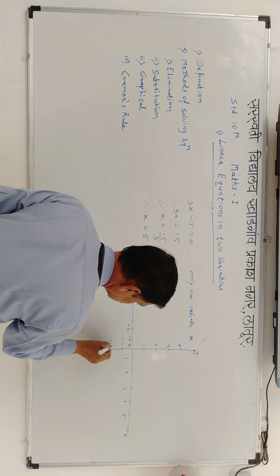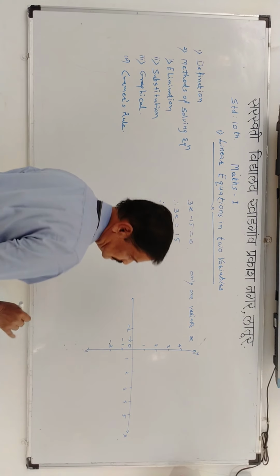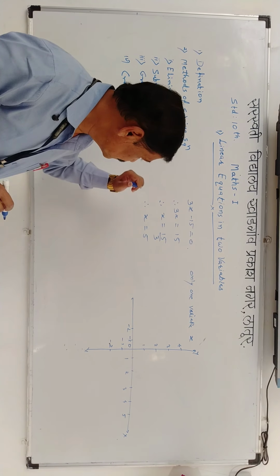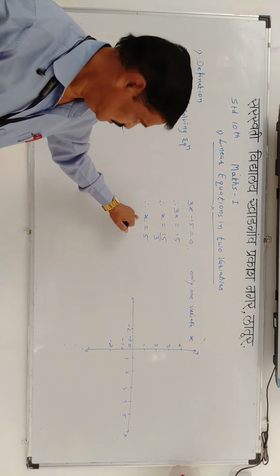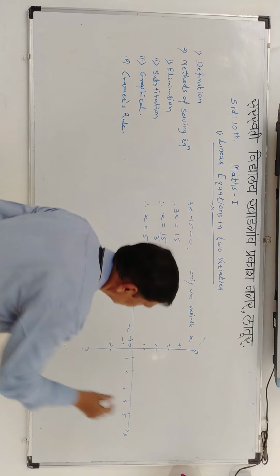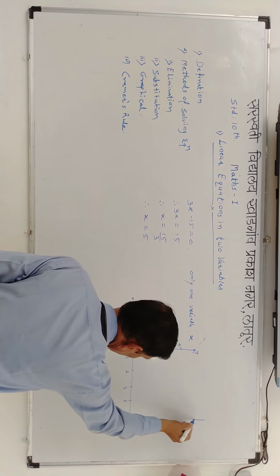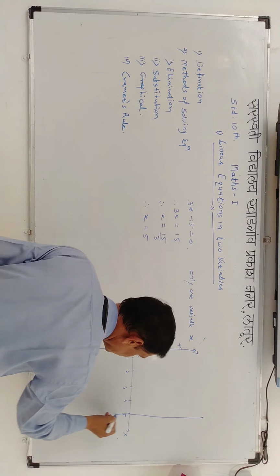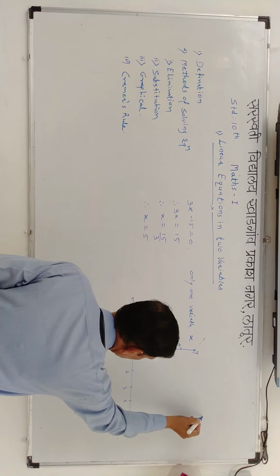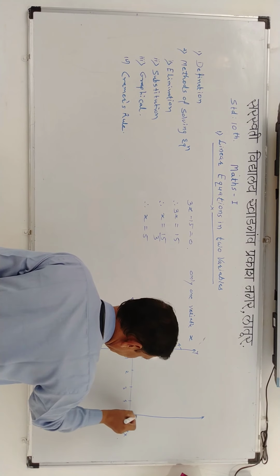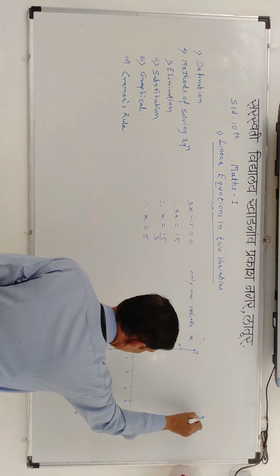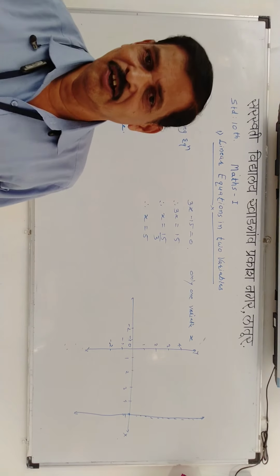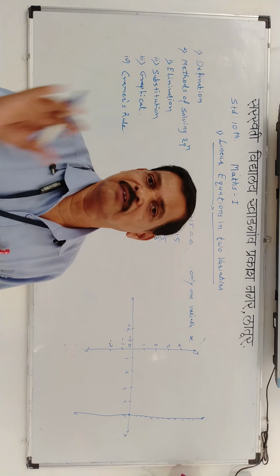When we draw this x is equal to 5, that line is parallel to the y-axis. And there are infinite numbers of points on this line, and everywhere the x coordinate is 5.